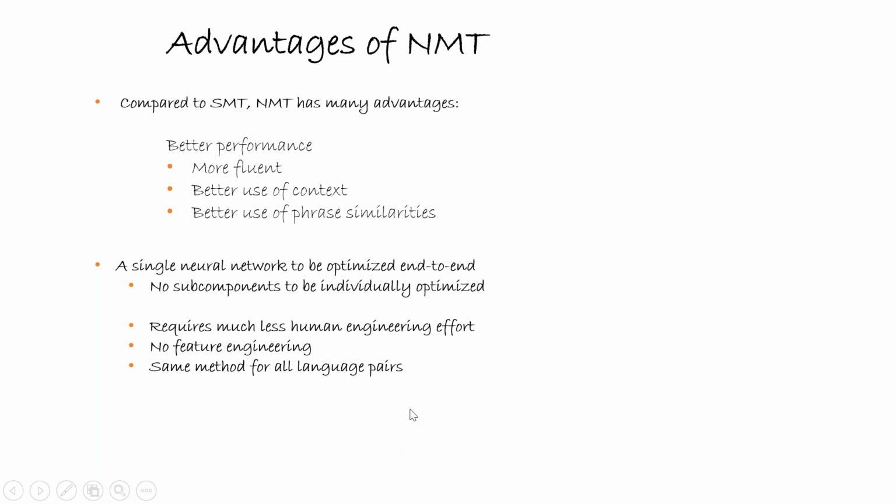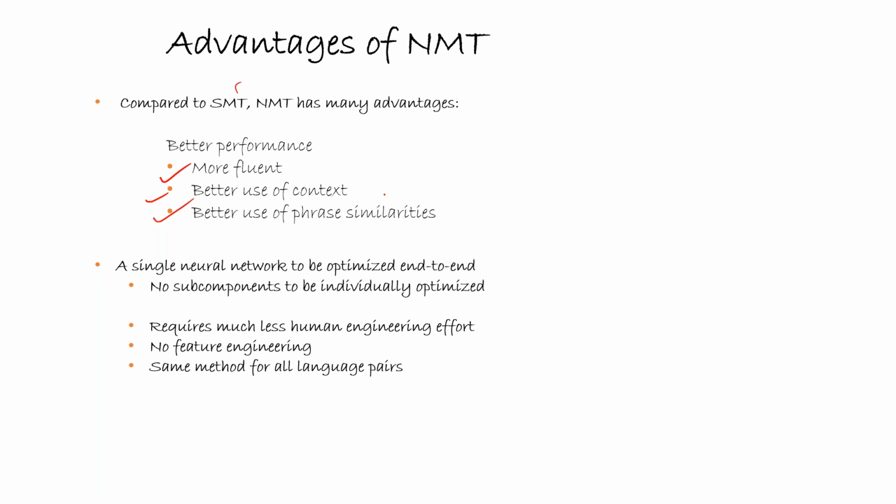So advantages of neural machine translation. What are the advantages? Compared to statistical machine translation, NMT has many advantages: better performance, more fluent, better use of context, and better use of phrase similarities. A single neural network is optimized end-to-end, with no subcomponents to be individually optimized.